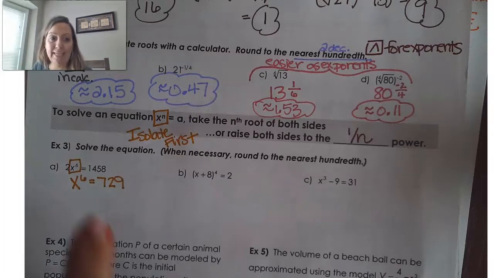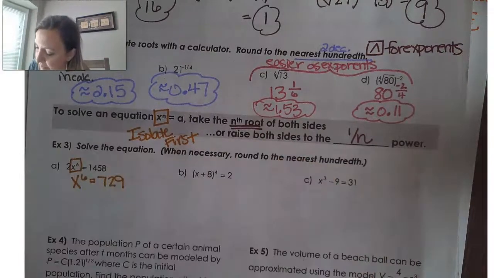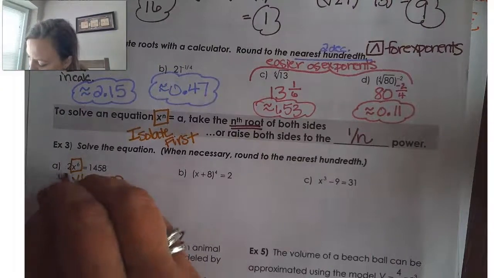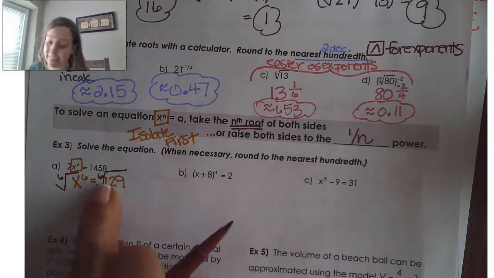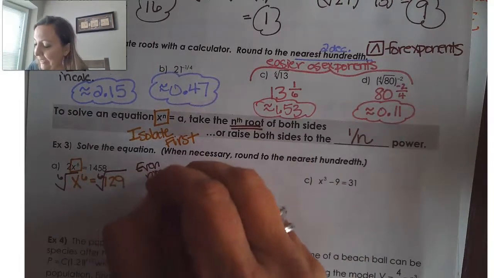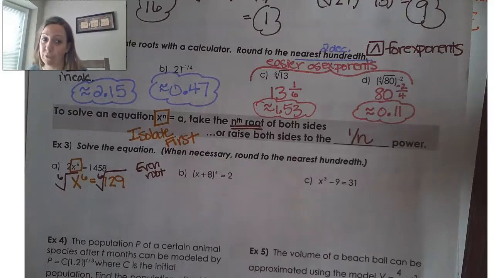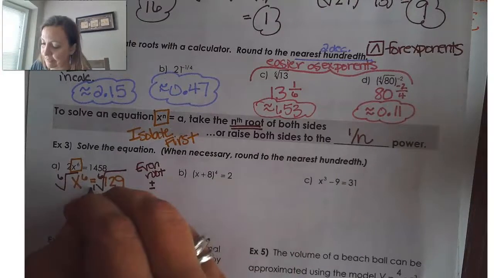And now I want to take the 6th root of both sides. So I'm going to take the 6th root, but notice that this was an even root. And when we insert an even root into a problem, we need to have a plus or minus that we put in front.